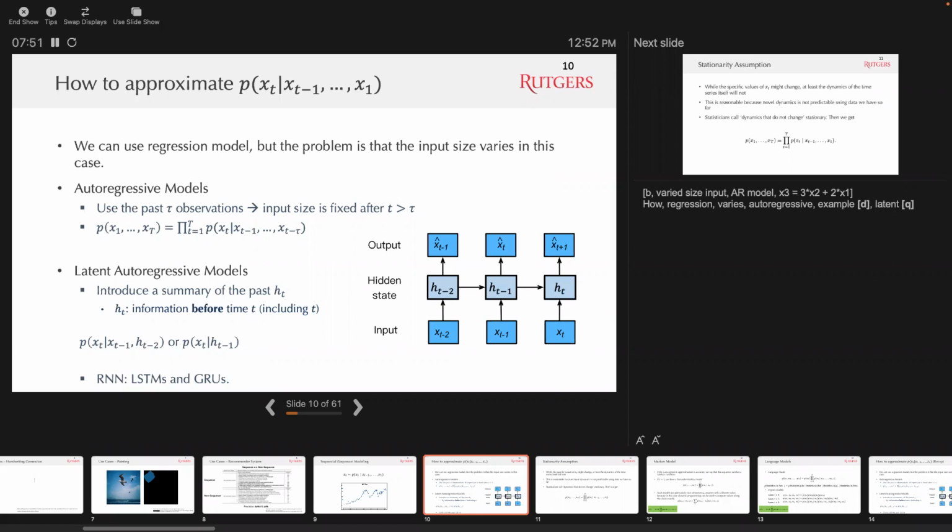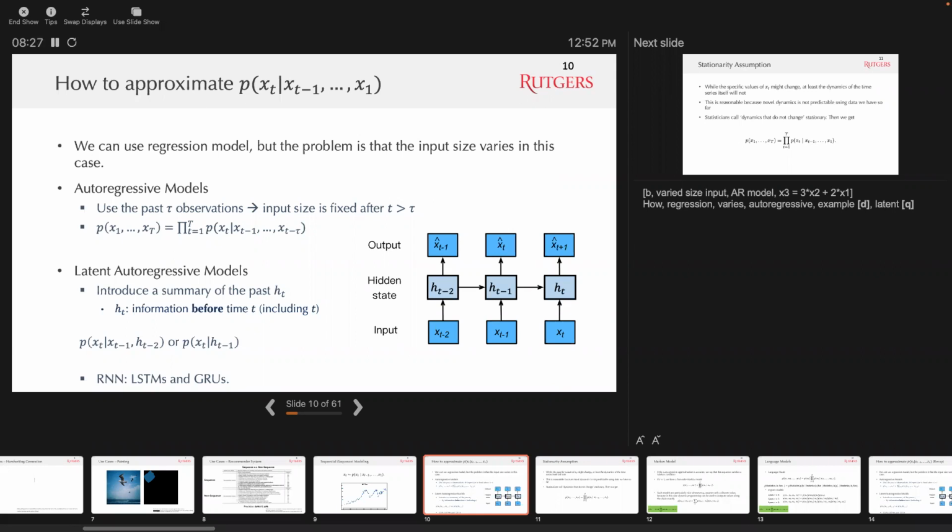You know that for x2 you're going to use a2, and for x1 you're going to use a1, and you have a bias. But how about x3? What's going to be the coefficient of x3? You actually don't know. So when the input size is varying, it's actually very difficult to train a model on previous data and predict the next data.